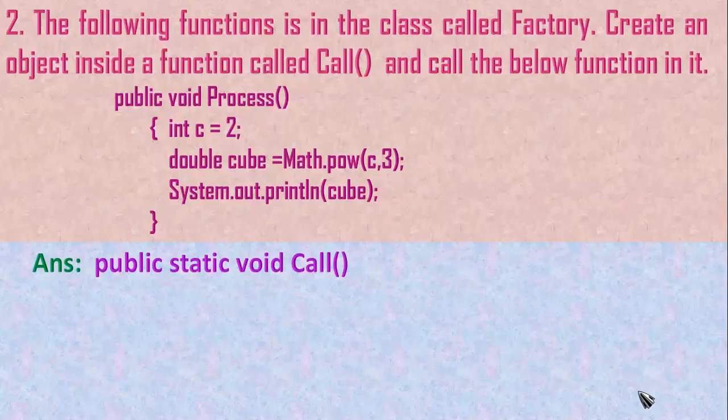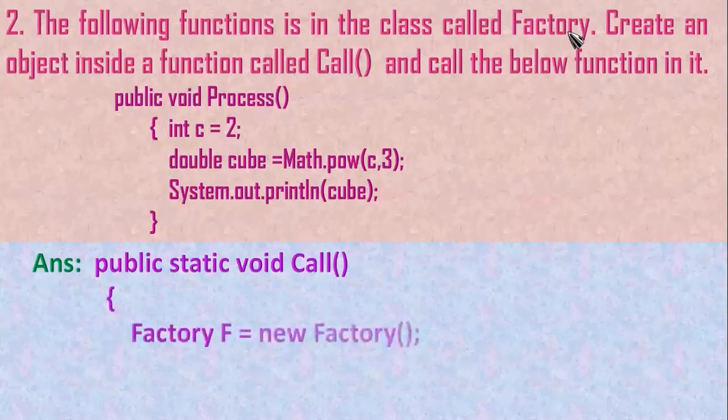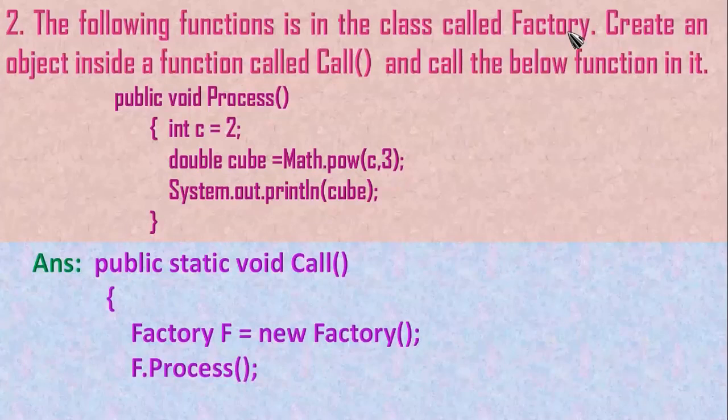In the question itself it is given that the name of the class is factory. So I will write Factory f is equal to new Factory, and then terminate. It is also given to call the function called process. Already the object is there, so we can give object dot the method name, f dot process, and then terminate. We close the method.